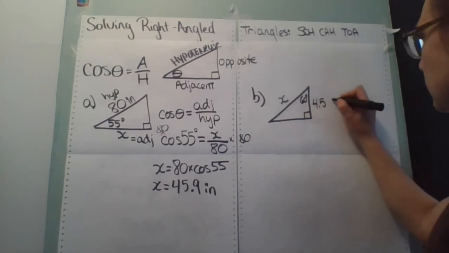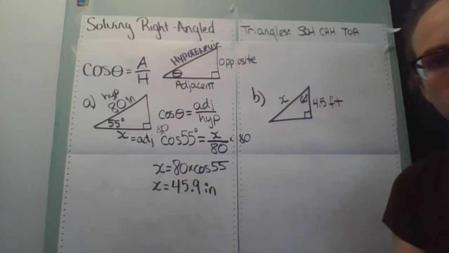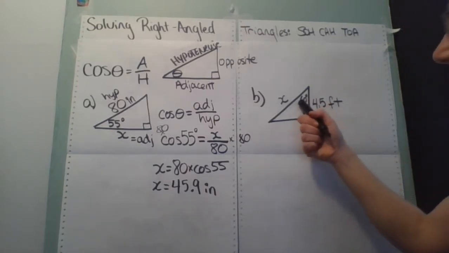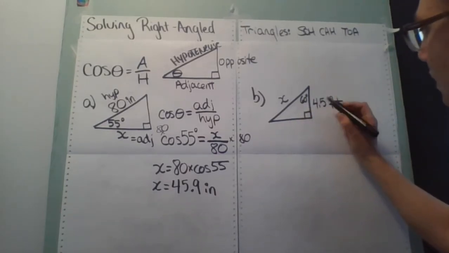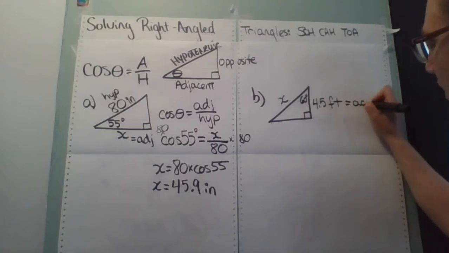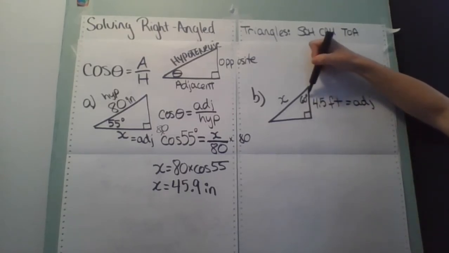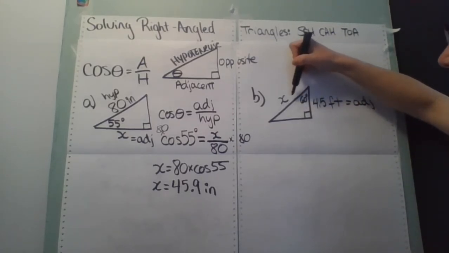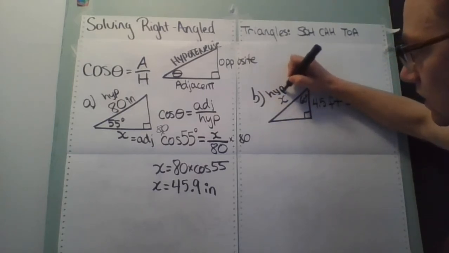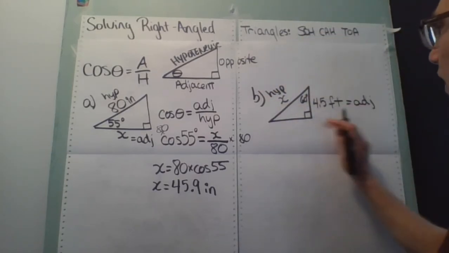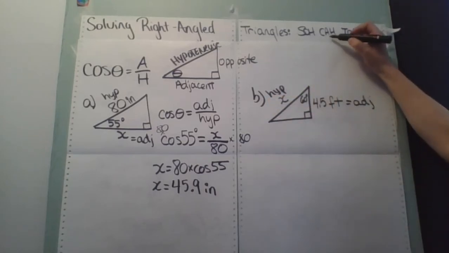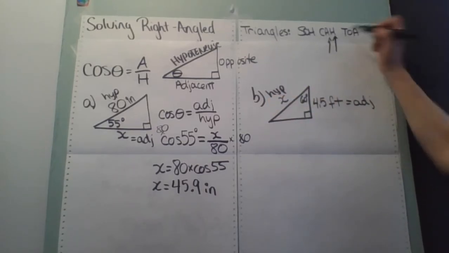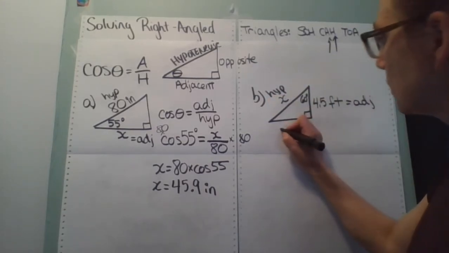4.5 feet. Why not? Okay, so because this is now my interesting angle, this becomes my adjacent because it's right beside my interesting angle. Longest side is always the hypotenuse, okay? And because I'm dealing with adjacent and hypotenuse, I have to deal with cosine.